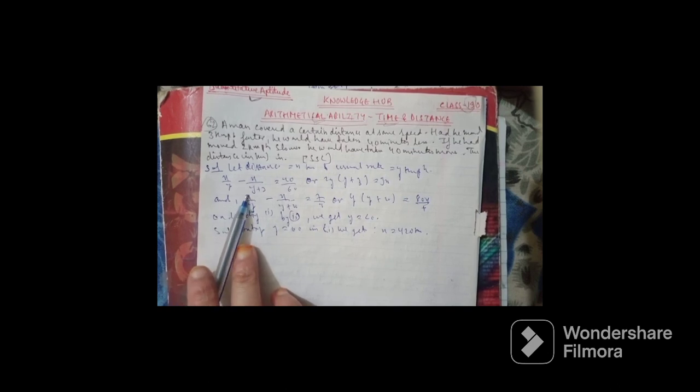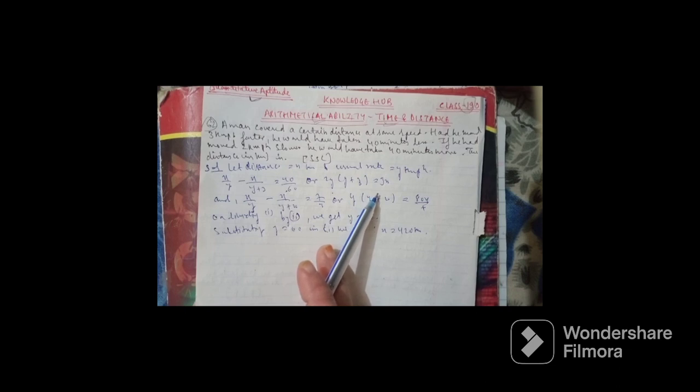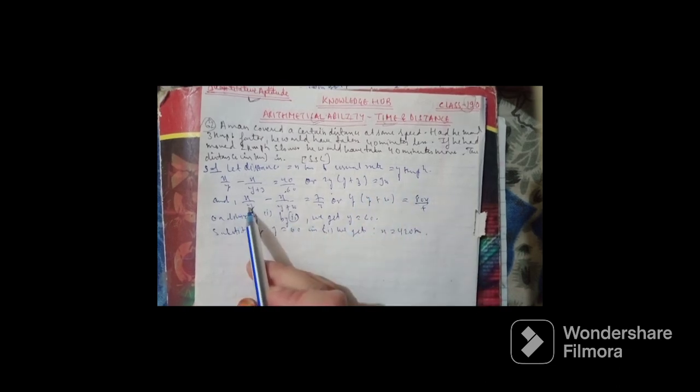Now we'll discuss another one. So here, x y by 3, 40 by 60, 2y x by 3 equals 9x.